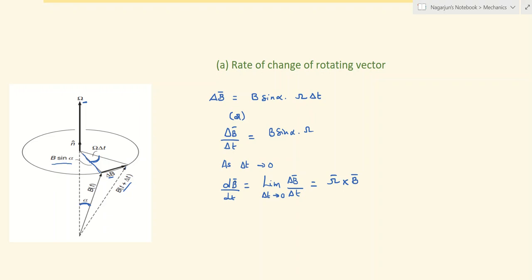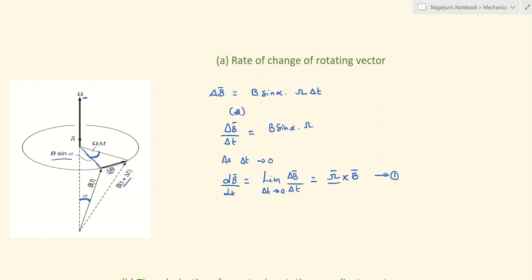So the rate of change of rotating vector b bar can be expressed as omega bar cross b bar. Remember, omega bar is its angular velocity. Let us call this equation 1. So, in this equation, we expressed the rate of change of some rotating vector b bar.